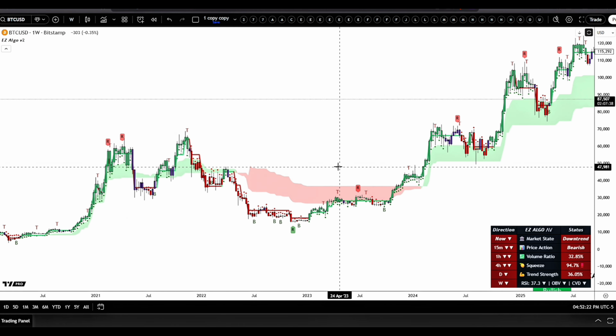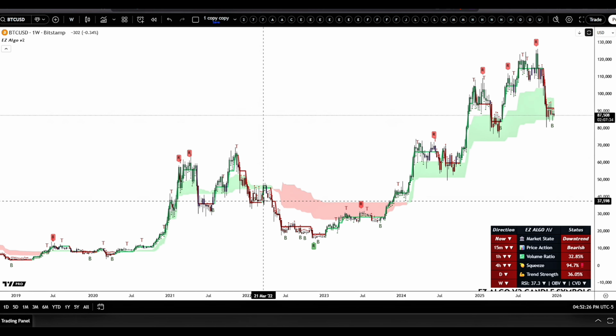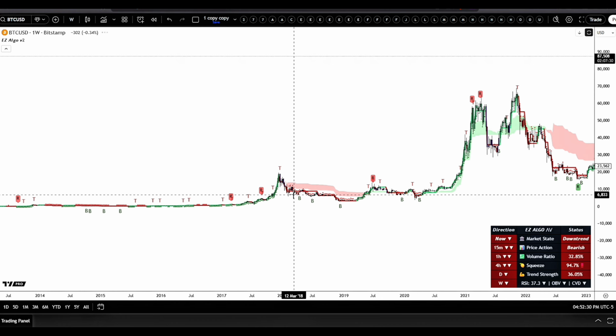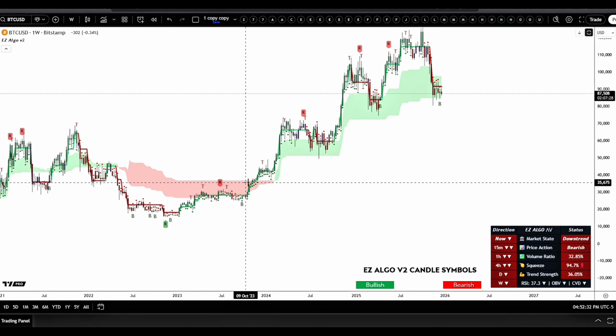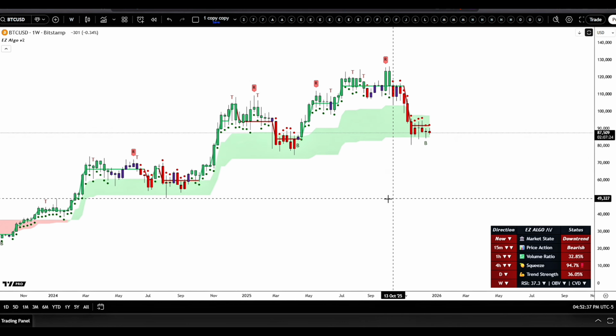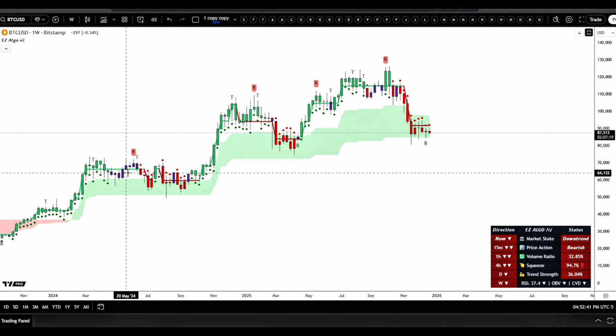On higher time frames, this is a great indicator to tell you the overall trend of the market, if we're in a bear market or a bull market. This has been solid on Bitcoin, it's solid on equities, solid on a ton of different assets. So this is our macro trend indicator right here.